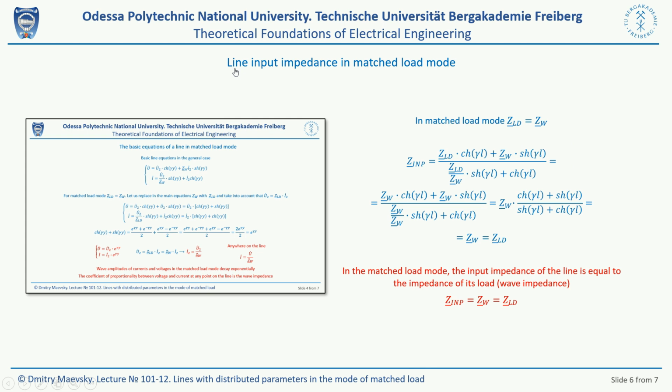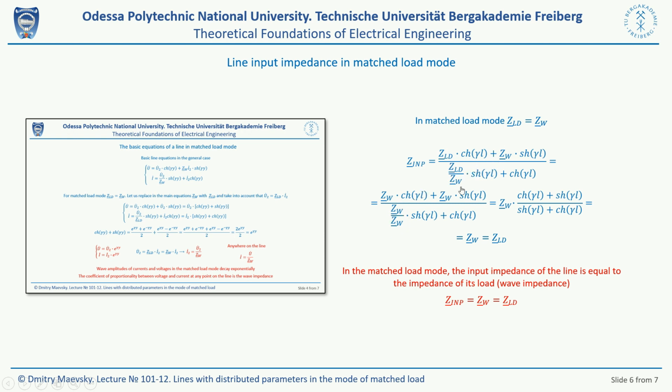In the matched load mode, everything is greatly simplified. We take into account in the formula that was obtained earlier that the wave impedance and load impedance are one and the same.